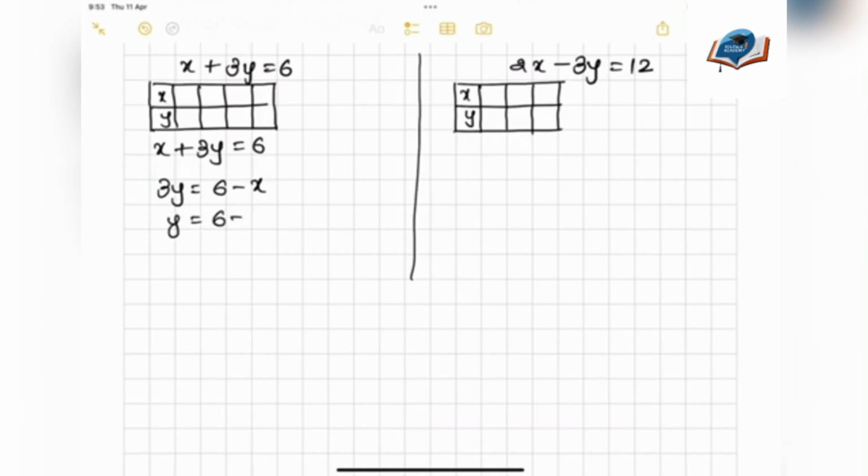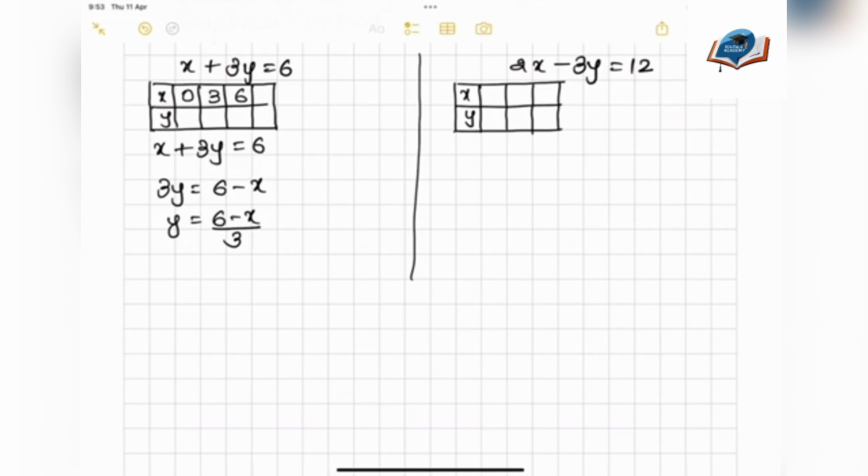Now the first equation is x plus 3y equal to 6. So I can say 3y equal to 6 minus x. Now y will be equal to 6 minus x upon 3. So if I put any value of x, I will get a value for y.